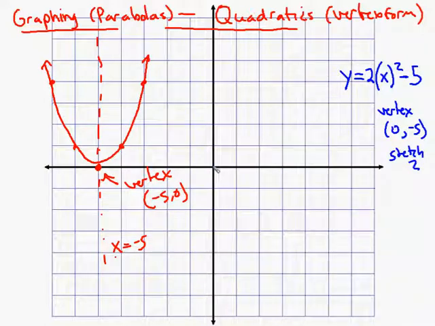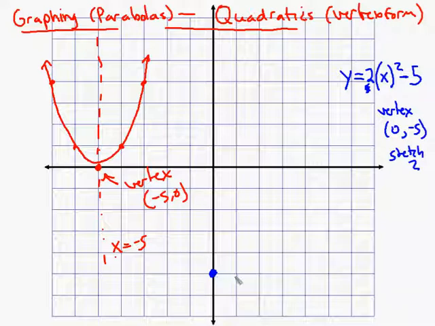So I plot 0, negative 5. It's right here. If you buy into this thinking, graphing these will not be that bad. If I go right 1, what's 1 squared? 1. But I'm not going to go up 1 because I have a stretch factor. So at the end, I multiply by my stretch factor, which is 2.